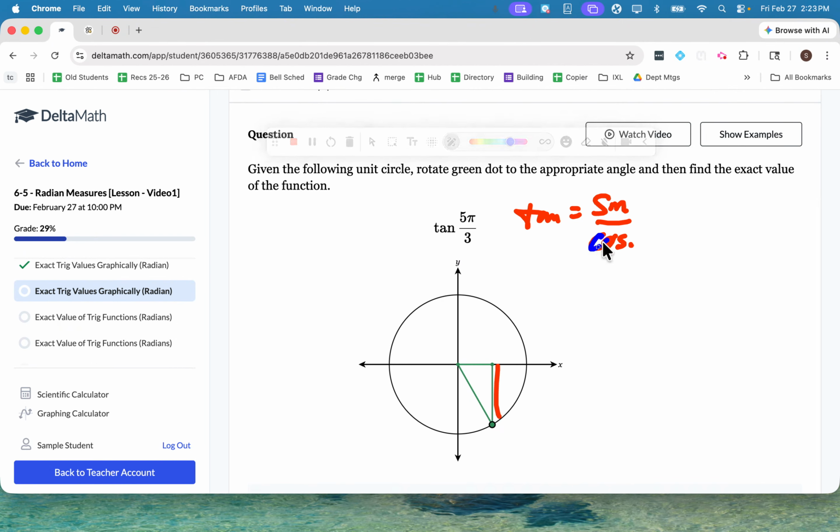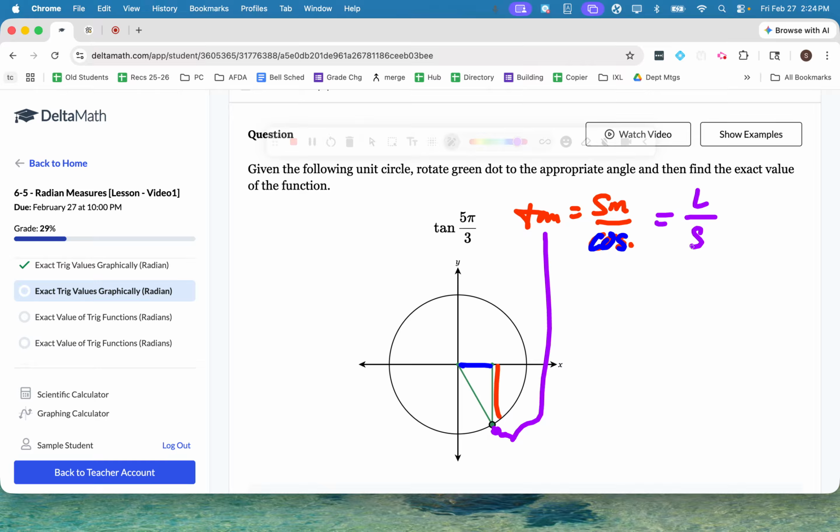And then what is cosine of this angle? It's this. So notice, given if we use our labels from before, it's tan of that location right there, is the long over the short. The long length over the short length.